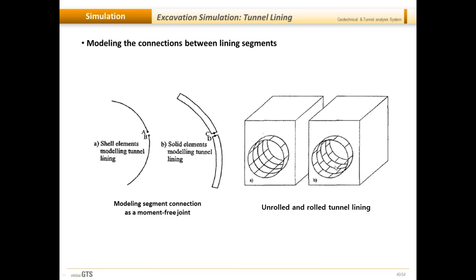What you need here is a 3D model where you can have these shear transfers and moment transfers, or sorry, just the shear transfers and not the moment transfers, and the interface between one lining segment to the other lining segment.